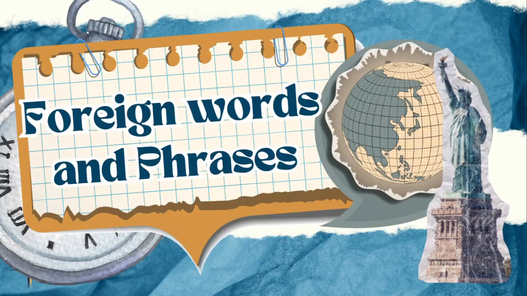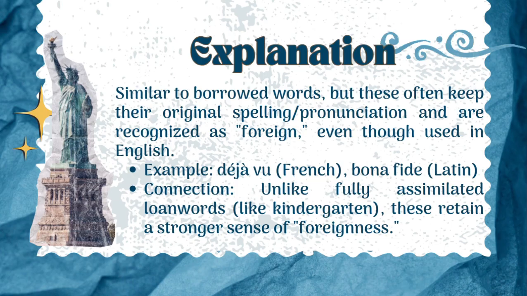And the last is foreign words and phrases. These are similar to loan words, but these often keep their original spelling or pronunciation and are recognized as foreign even though used in English. For example, deja vu.